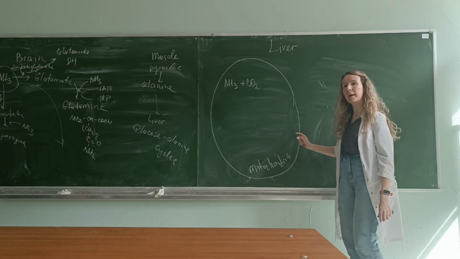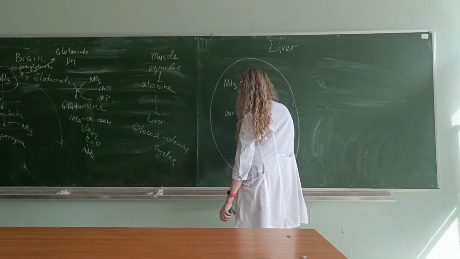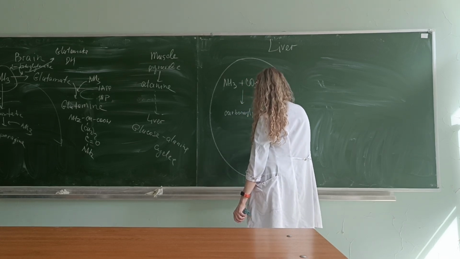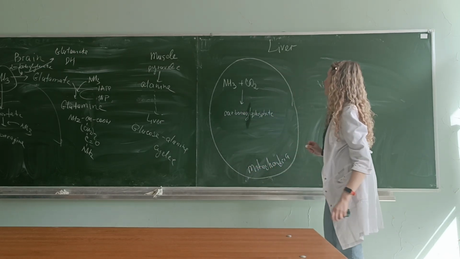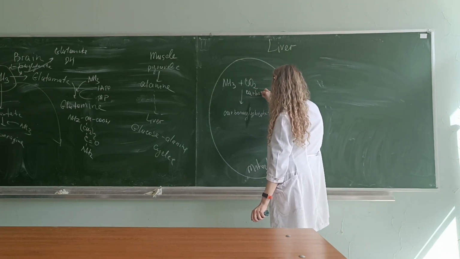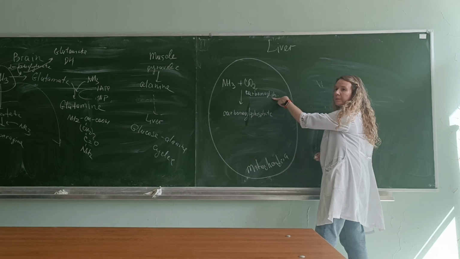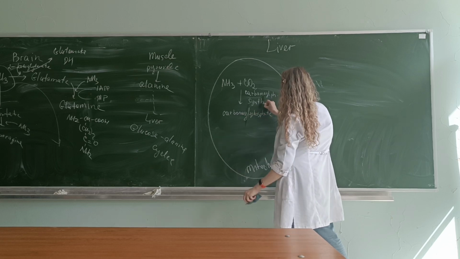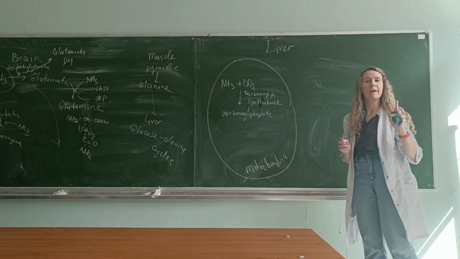These steps are present in mitochondria, and we will form carbonyl phosphate. Carbonyl phosphate. The enzyme name is carbonyl phosphate synthetase. I will write it short. Carbonyl phosphate synthetase. We spent 2 molecules of ATP.